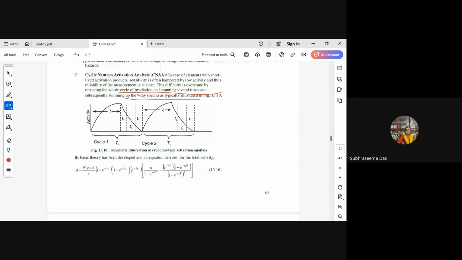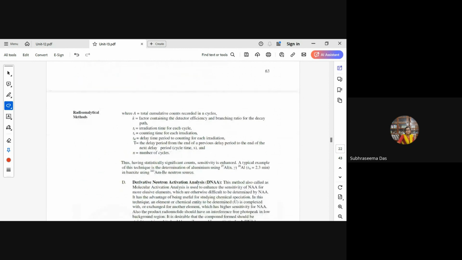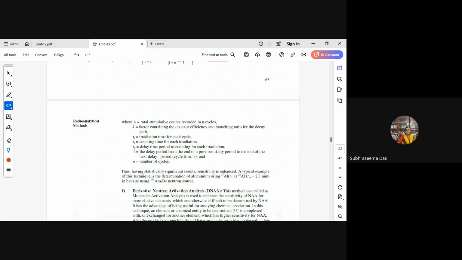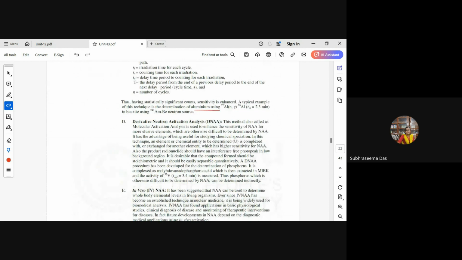This shows a schematic depiction of cyclic neutron activation analysis, and from equation 13.16 the total activity can be measured. A typical example for this technique is the determination of aluminum, which is mostly done by CNAA.